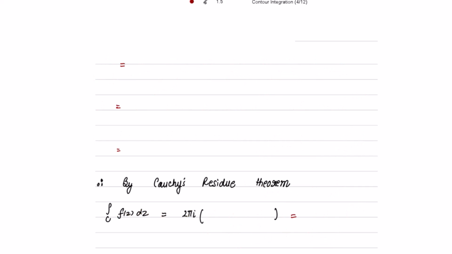So this is equal to, just take the LCM and you will get (e^(2πi/3) + e^(πi/3)) over (e^(πi/3) e^(2πi/3)), and then this is 1 over 6.